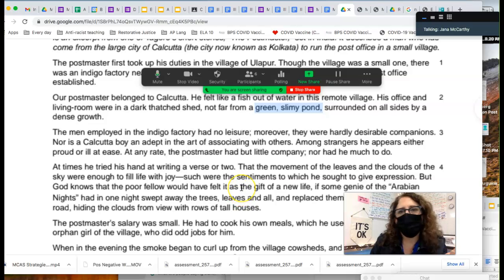Unhappy. I mean, if I lived near a slimy pond, I'd be like, oh man, I really wanted to go swimming. Sometimes I feel like a fish out of water with technology and remote learning because it's so new, but I'm not terrified by it, right? Terrified feels like way extra, amped up, way up here, right?